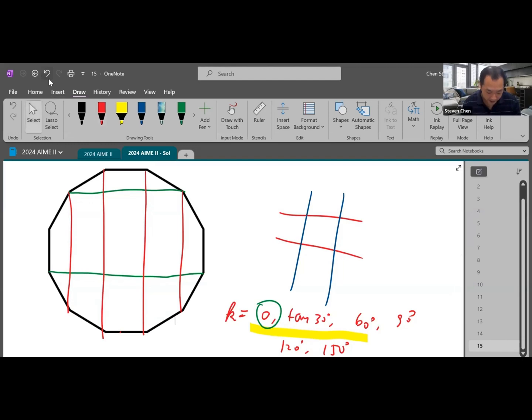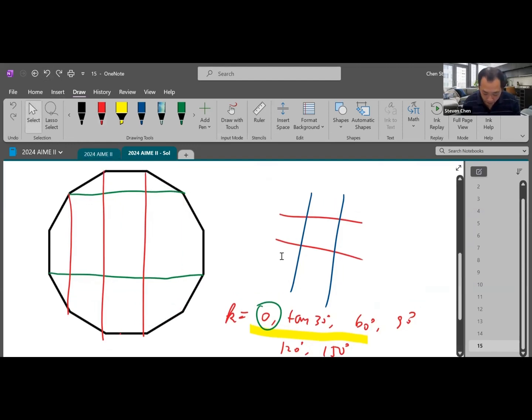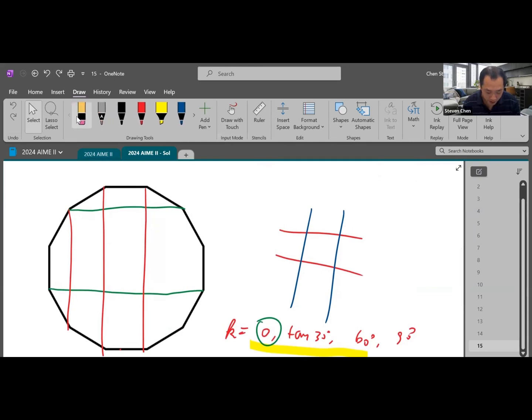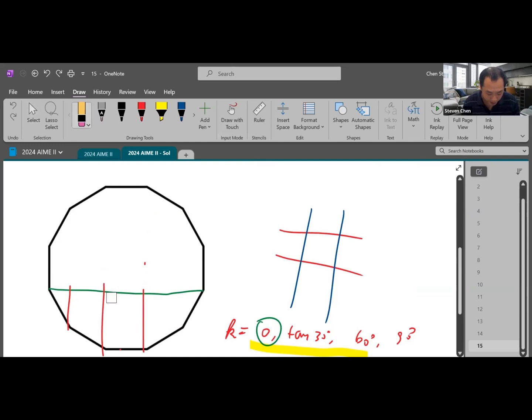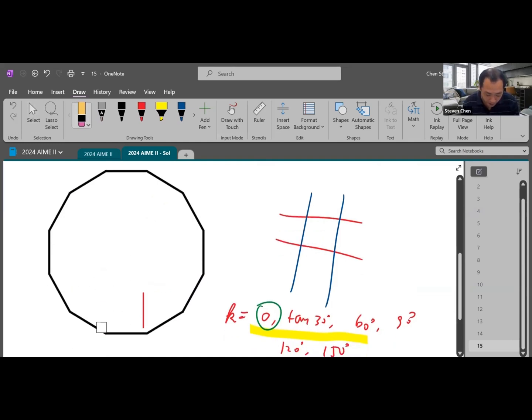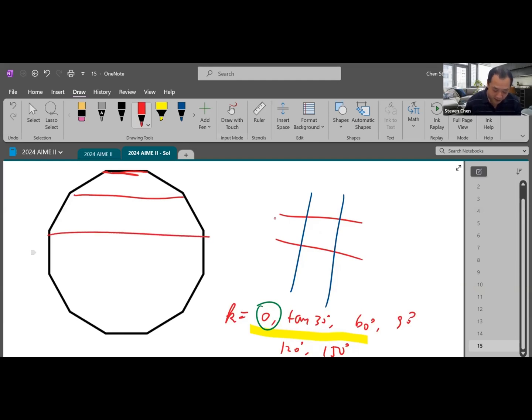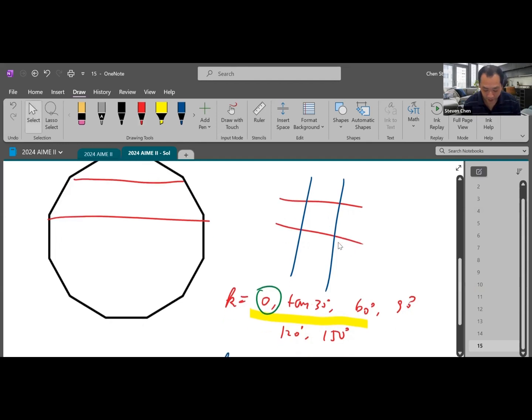So given this fact, even for the case that k is equal to 0, we need to do some additional casework analysis in terms of the length of the shorter horizontal one. Regarding the length, we know there could be 3 numbers: 0, like this one, 2, like this one, and 4, like this one. Okay? So let's do this casework analysis.